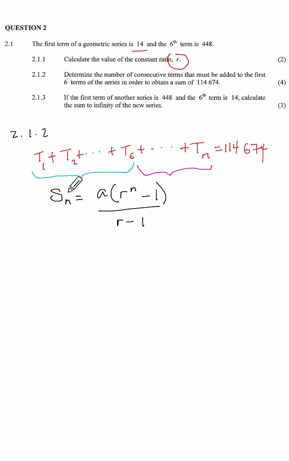The sum to a certain number of terms n, from T1 up to Tn, according to the question, should give me 114,674. So I want to find the value of n which would give me this.